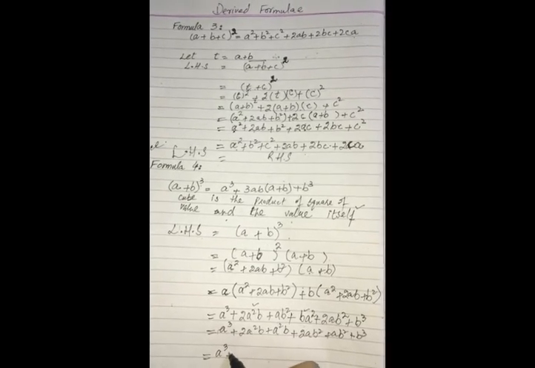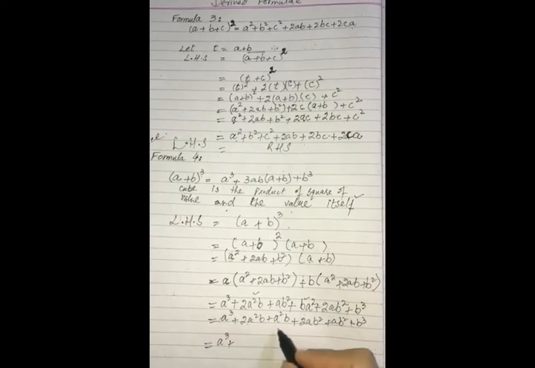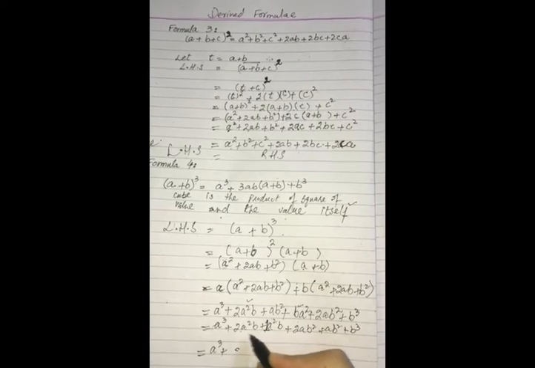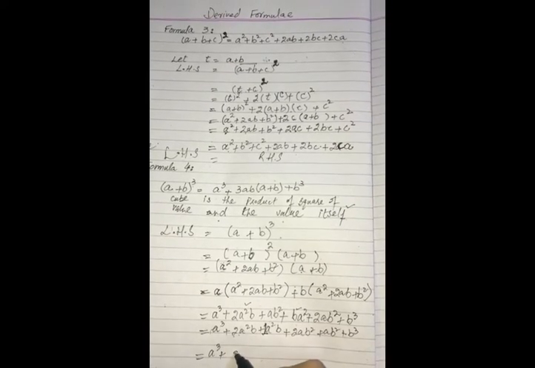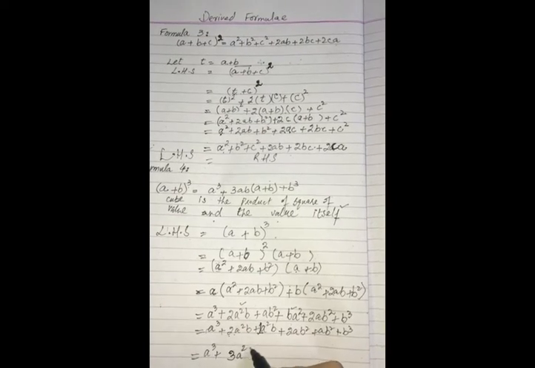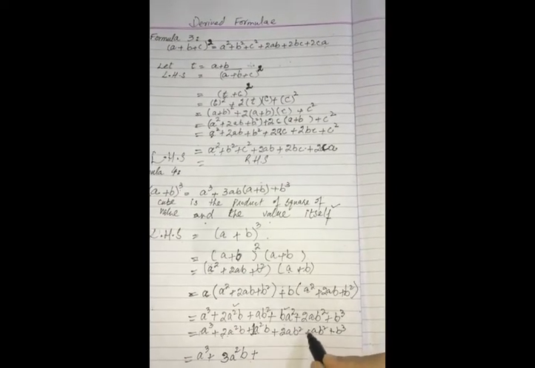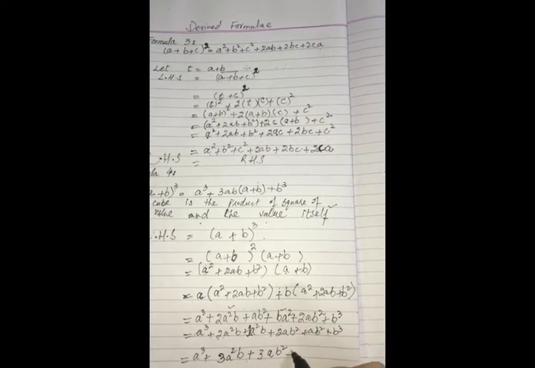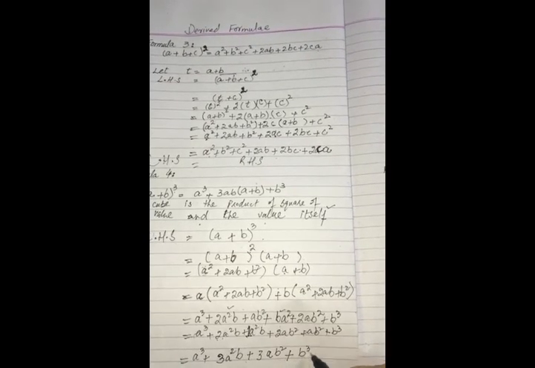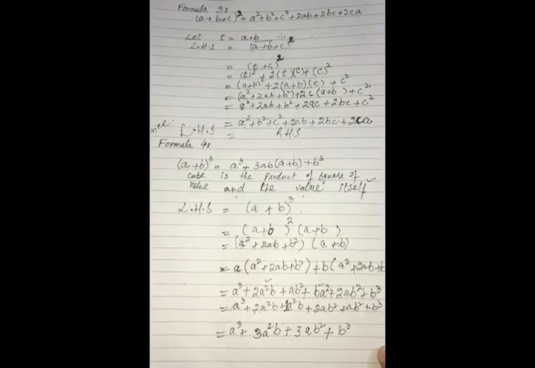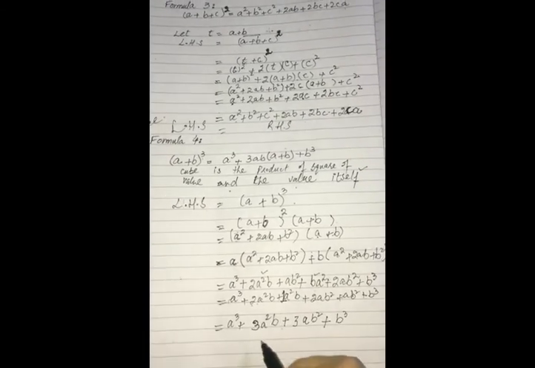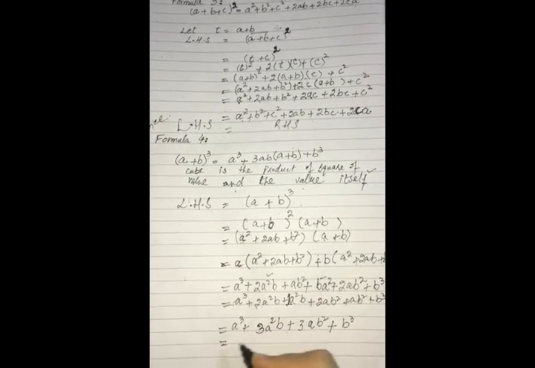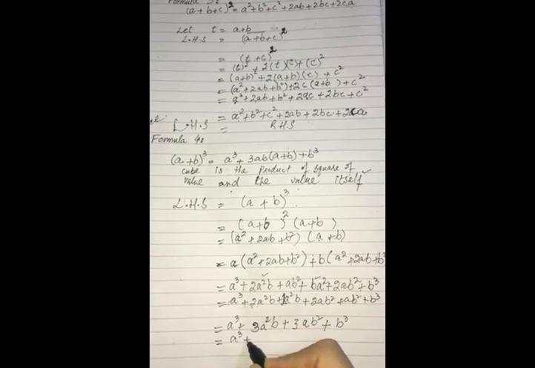A cube +, when there is no coefficient, it means there is one coefficient. 2 + 1, 2a square b + 1a square b is 3a square b. Same, 2ab square + 1ab square is 3ab square + b cube. Now next step is to take common. I am going to take a cube as it is.